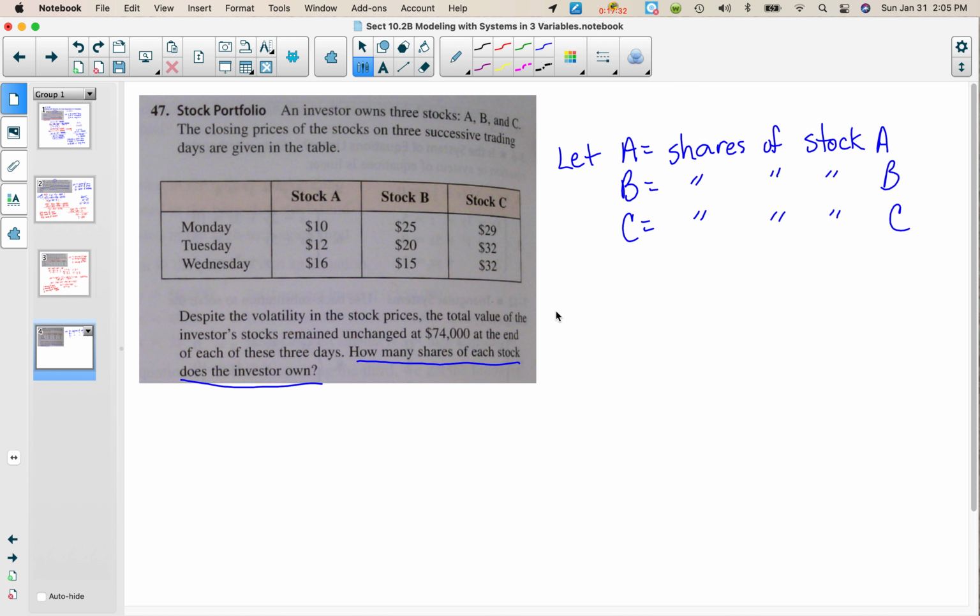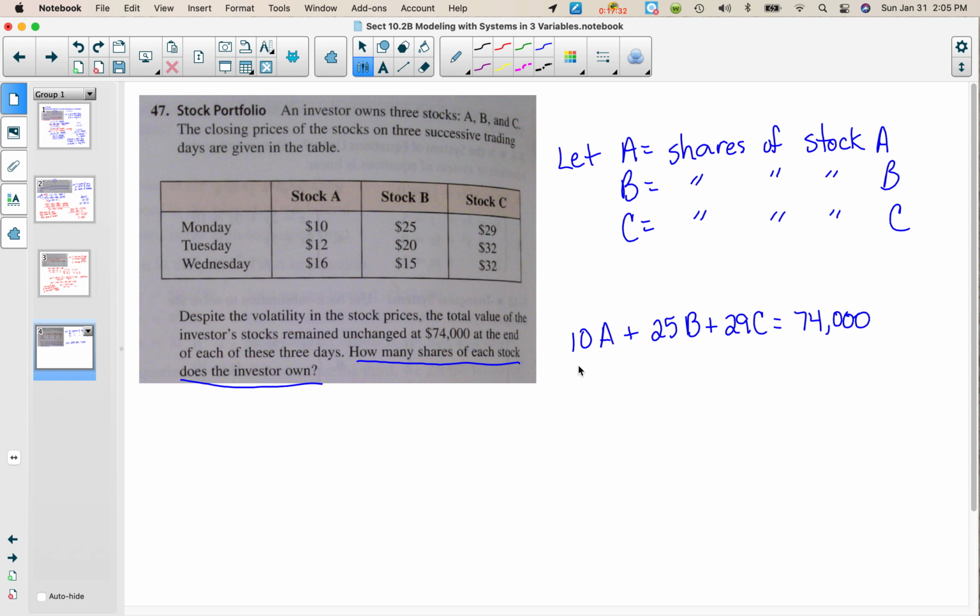So we have these values. We need an equation for Monday. On Monday, we had $10 times the number of shares for stock A plus 25 times B plus 29 times C. The total value was $74,000.